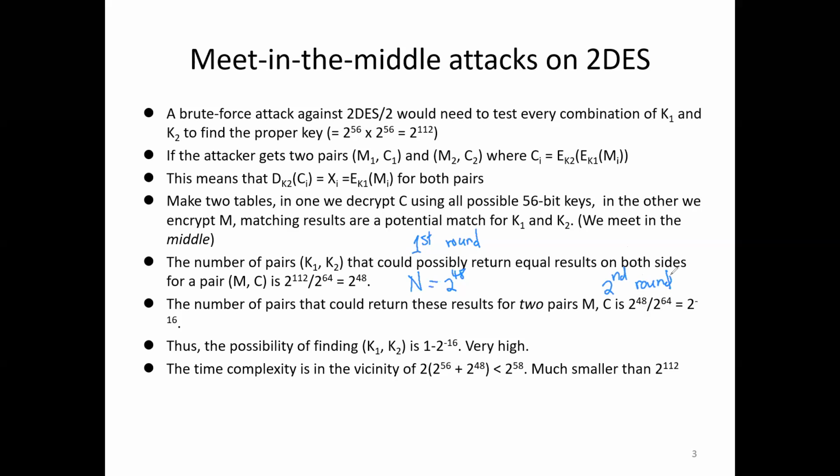So that is 2 to the negative 16. So the probability of finding K and K prime is then 1 minus 2 to the negative 16. So this is a very, very high number.